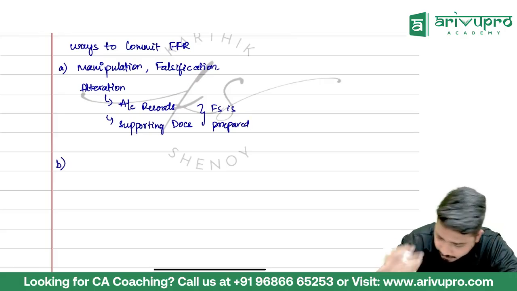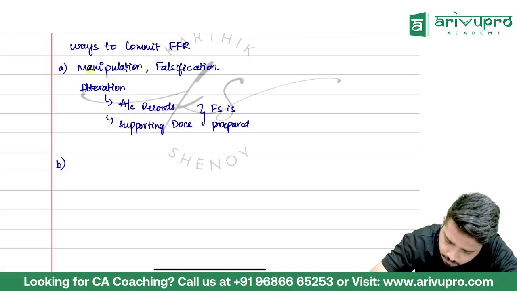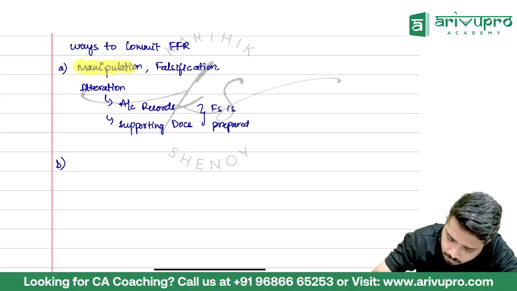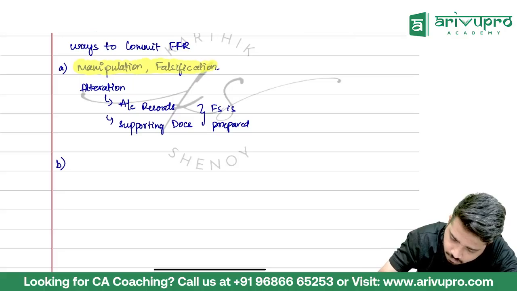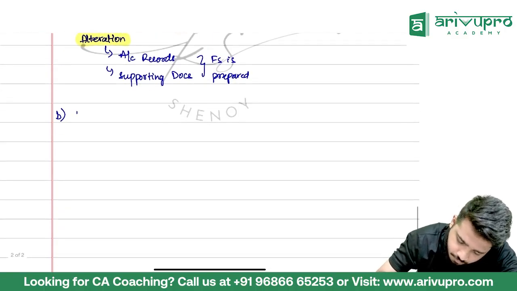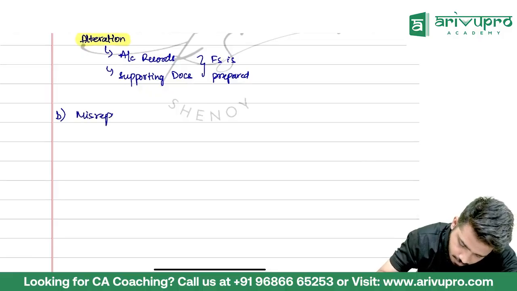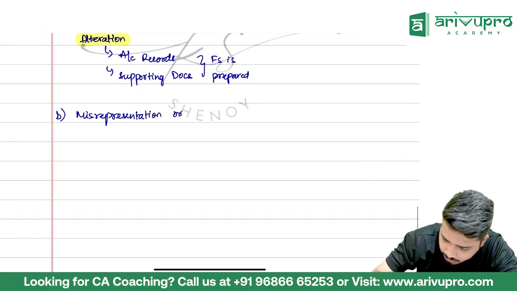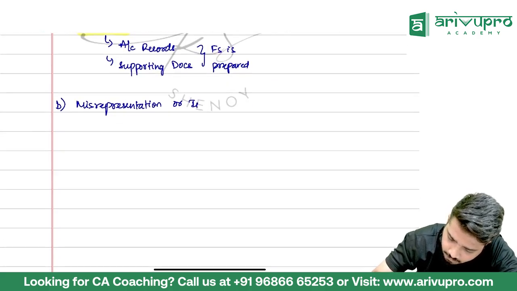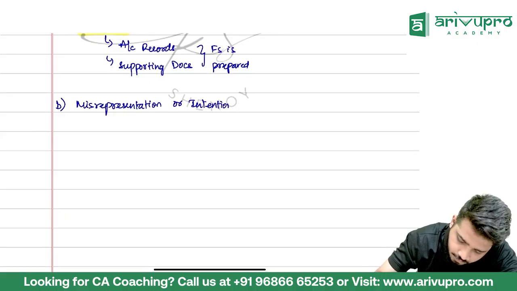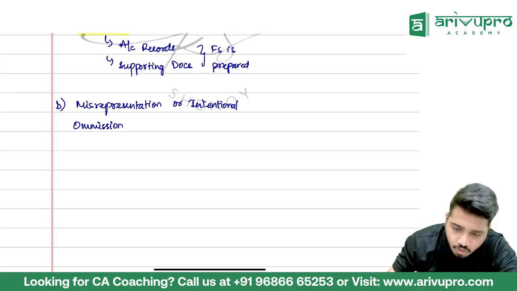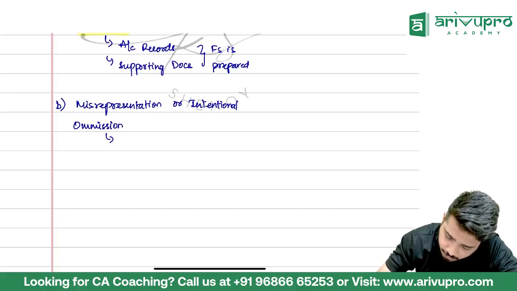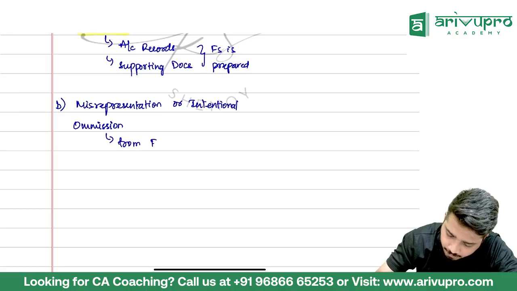Clear? Number 2, second methodology. This I will highlight for you. Falsification and alteration. Okay. Number 2, misrepresentation or intentional omission from FS.